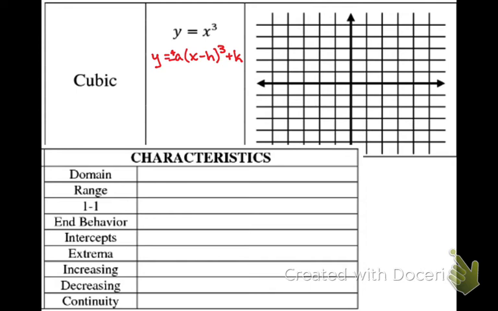Okay. So if I plug in 0, what do I get? 0. Give me another number. I have to cube it and keep it on here. If I go by 2s, 2 cubed is 8.